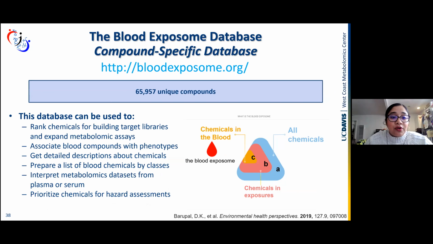There are over 65,000 unique compounds, but the database was created so that you could rank chemicals to build your own libraries, associate blood chemicals or compounds with specific phenotypes, get detailed descriptions about chemicals, prepare a list of blood chemicals by classes, interpret your data set, and so on and so forth. So it's very easy to use. Again, I highly advise that you check it out and play around with it.